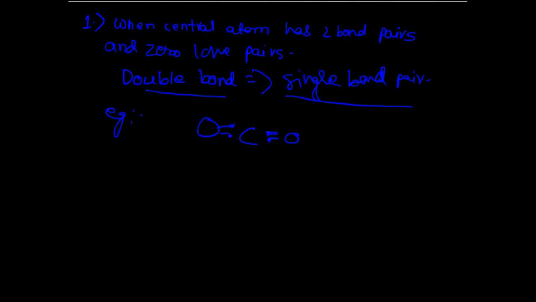So there are two bond pairs and zero lone pairs. So the bond angle in this case is 180 degrees and the shape is linear. So this is similar to the case of just two atoms.